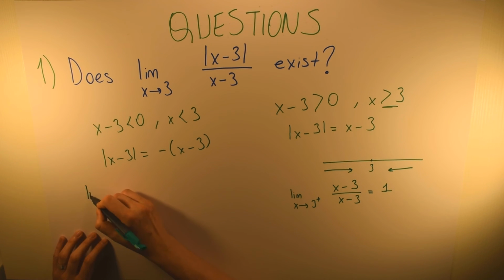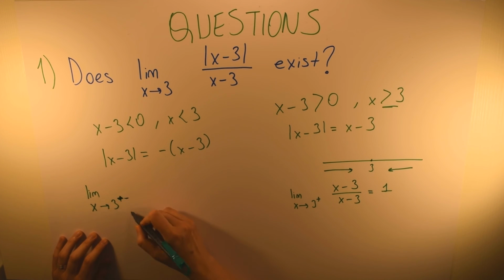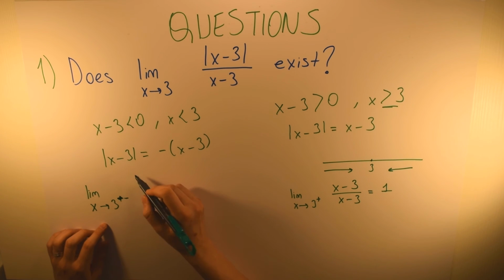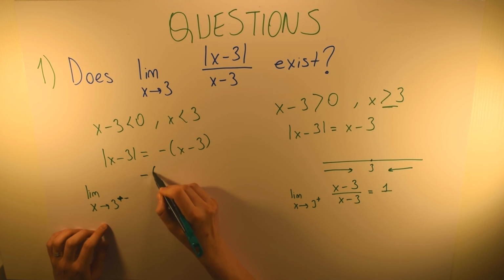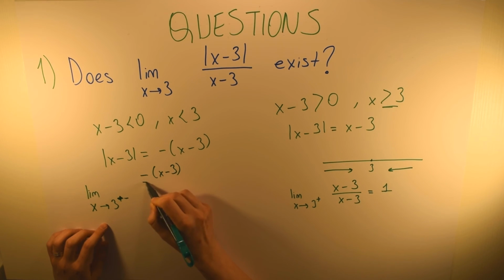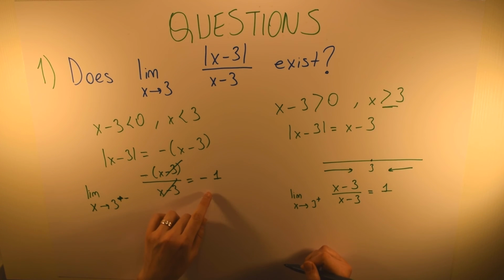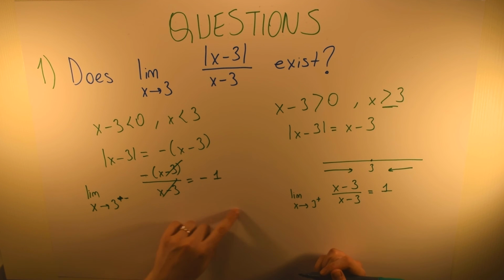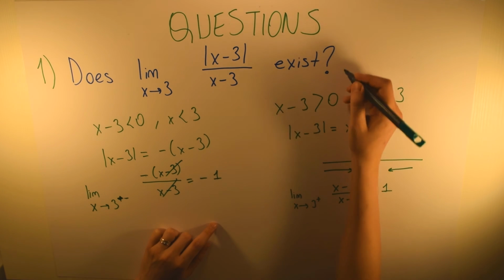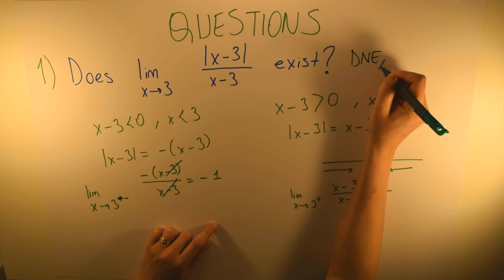The limit as x approaches 3 from the left, this is a minus sign, becomes minus (x minus 3) over x minus 3, so this cancels out and we have minus 1. As you can see, the left-hand and right-hand limits are not equal to each other. That's why the limit does not exist.